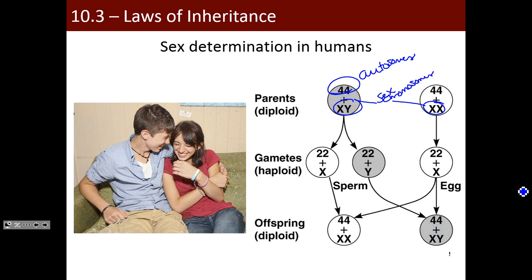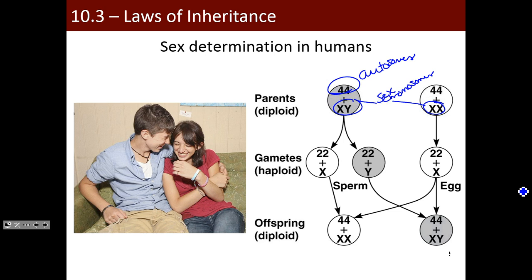And it is the presence or absence of that Y that controls maleness. So individuals who are XY, if they follow the most typical common pathway, will develop into individuals who are male. And individuals who are XX will typically follow a pathway to develop into a female.